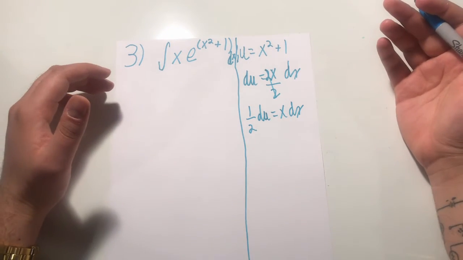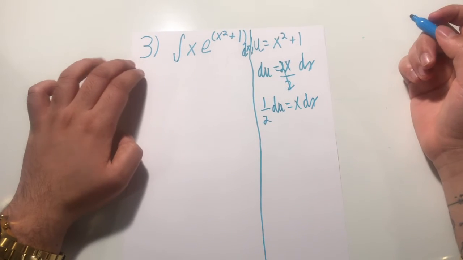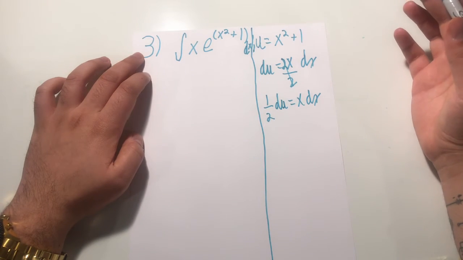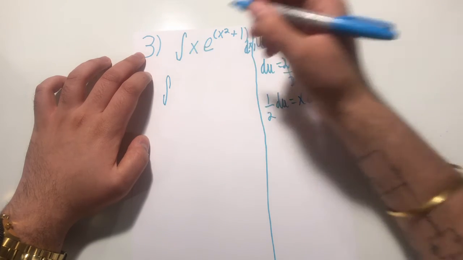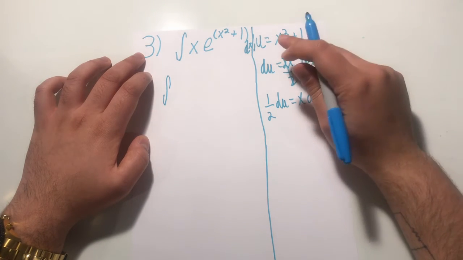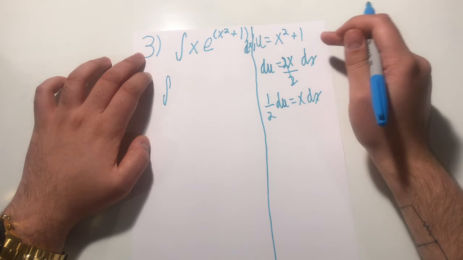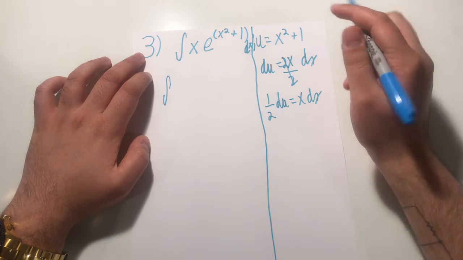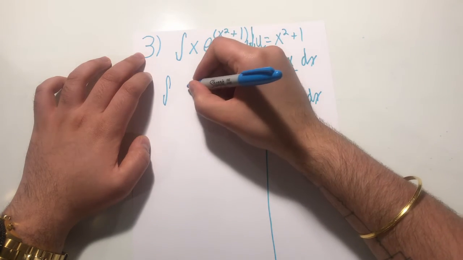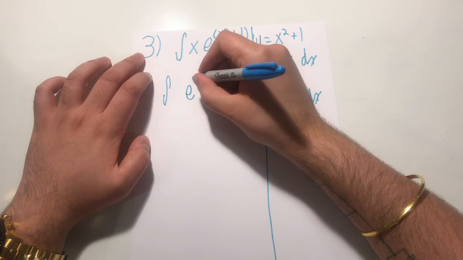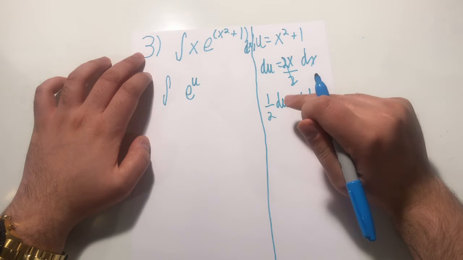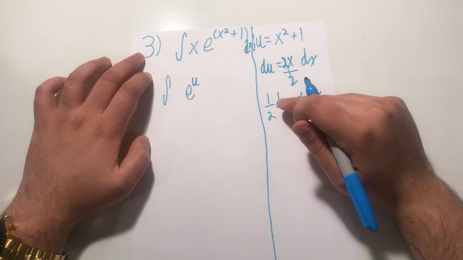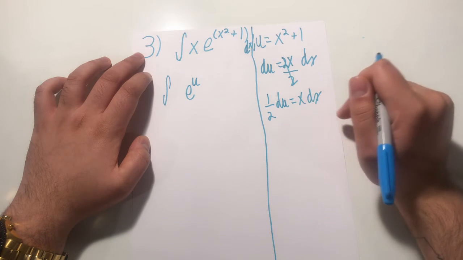Now we can do our substitution. So let's substitute. Taking the integral, we know that u is equal to x squared plus 1. So e to the x squared plus 1 should now be e to the u. And 1 over 2 du is equal to x dx.